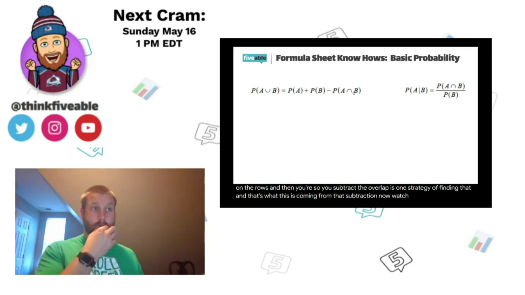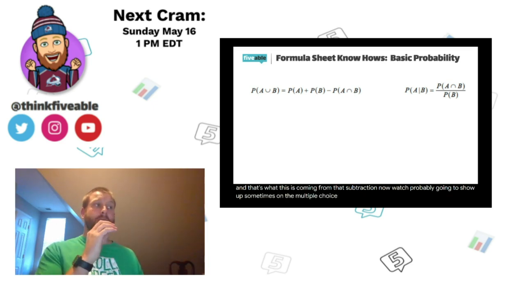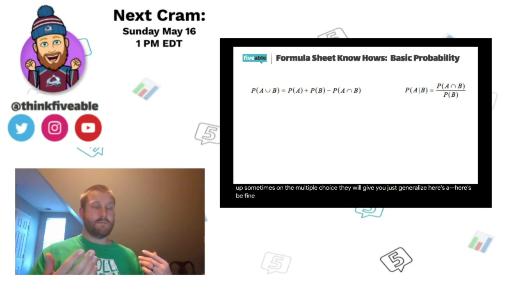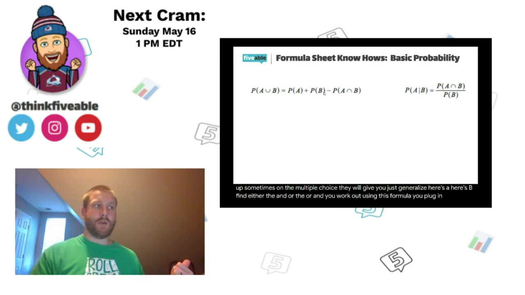Now, what's probably going to show up sometimes on the multiple choice, they will give you just generalized, here's A, here's B, find either the and or the or, and you work it out using this formula. You plug in here, you plug in here. If A and B are independent, remember the and probability is the product of the two, but they have to be independent. And then you have the conditional probability, which also can be used to find the and probability, the intersection, if you work it backwards.